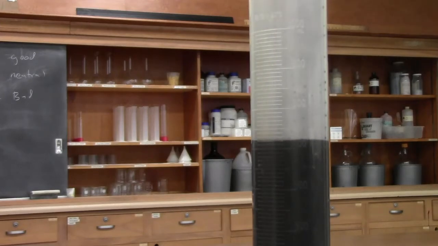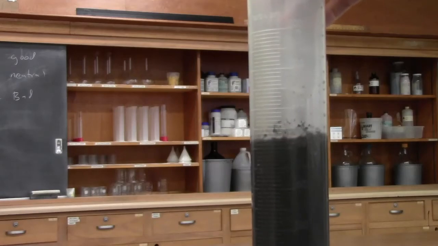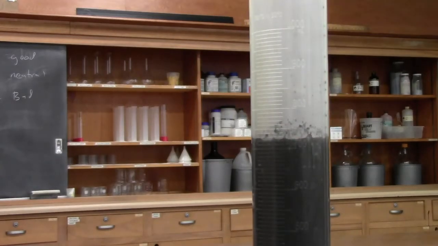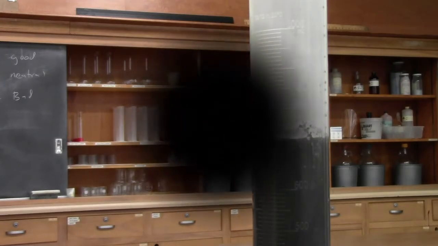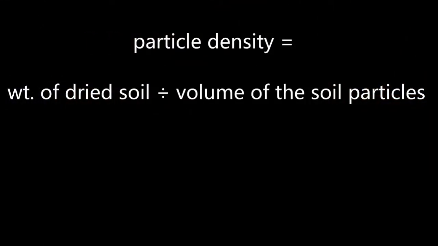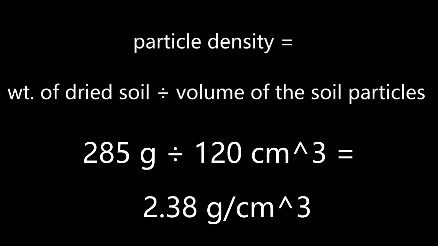For our example, the soil particles displaced 120 milliliters of water. 1 milliliter of water is equal to 1 cubic centimeter. To calculate particle density, we use the dry weight of the soil divided by the volume of soil particles. Our 285 grams of dried soil displaced 120 cubic centimeters of water, giving us a particle density of 2.38 grams per cubic centimeter.